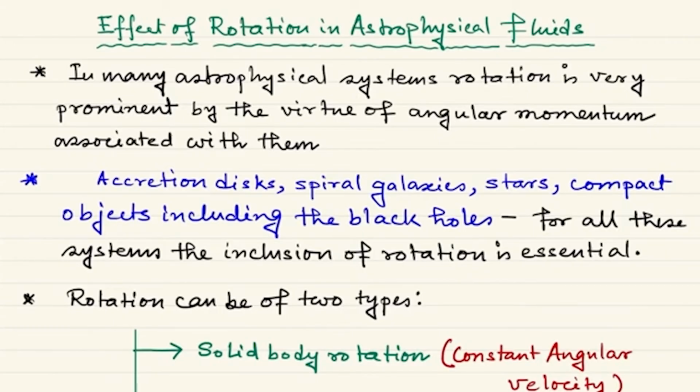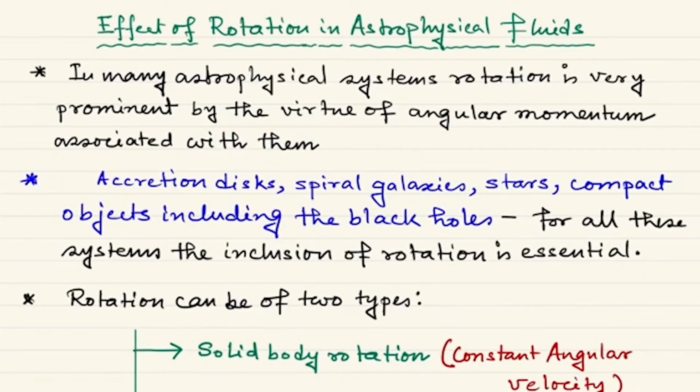For distant stars or distant objects where you cannot see directly, you have several other evidences. One evidence is that you can detect rotation by virtue of the angular momentum associated with them, for example, for a distant accretion disk or a spiral galaxy.